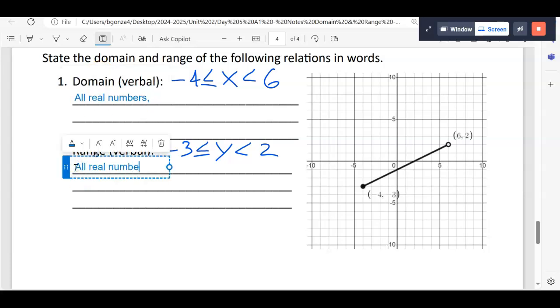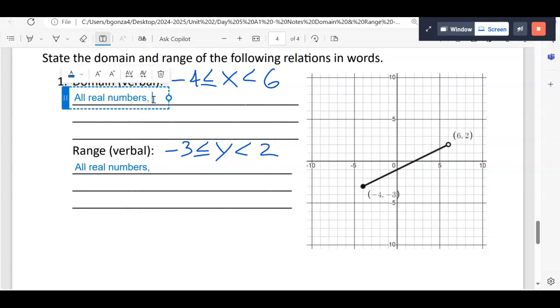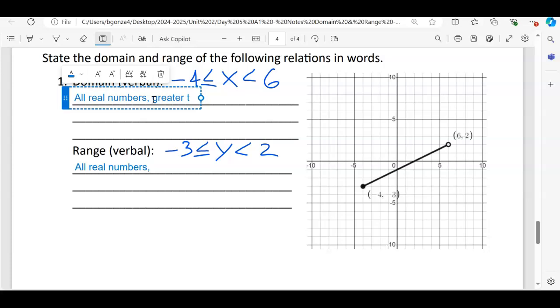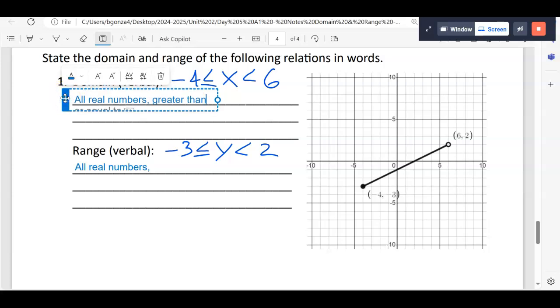Okay? Now, step one, you always write greater than. Write it down. All real numbers, greater than. Now, should I put equal to or no? Underline means greater than or equal to.